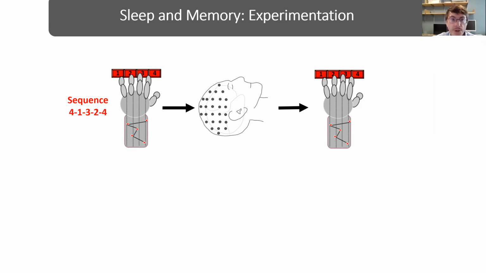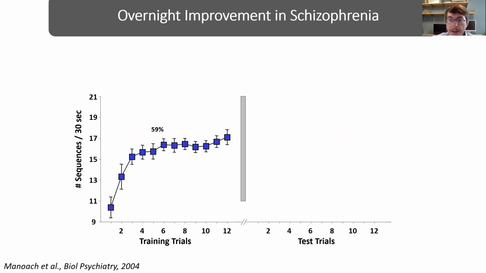All right, so some early work in the lab looked at this just behaviorally. What I'm showing here is the number of sequences per 30 seconds on the y-axis and the training trials on the x-axis. In blue here is the healthy controls. You see they have a nice learning curve, and they plateau near 8 to 12 trials.